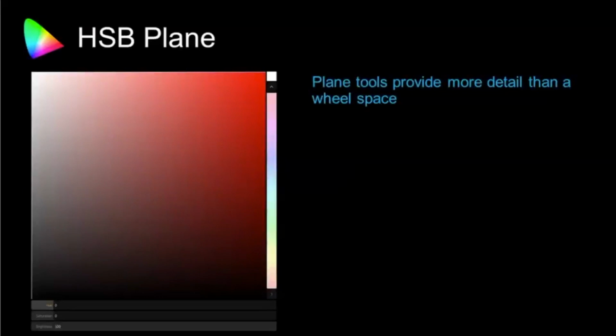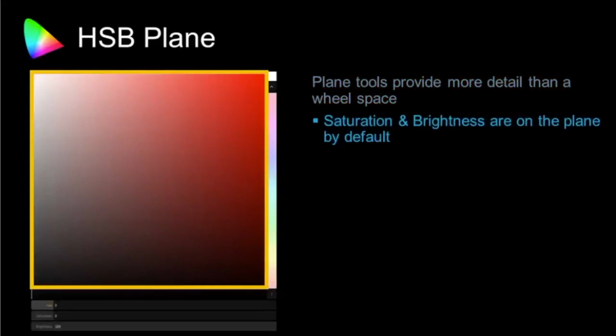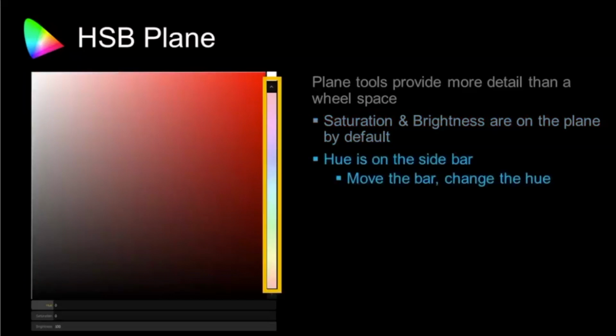And in plane spaces, your saturation and brightness will by default be on the plane, and you can see in the bottom that the title of hue is lit up, and so my hue is on my vertical bar. So that allows me to control which hue I'm talking to and deal with saturation and brightness on my field.